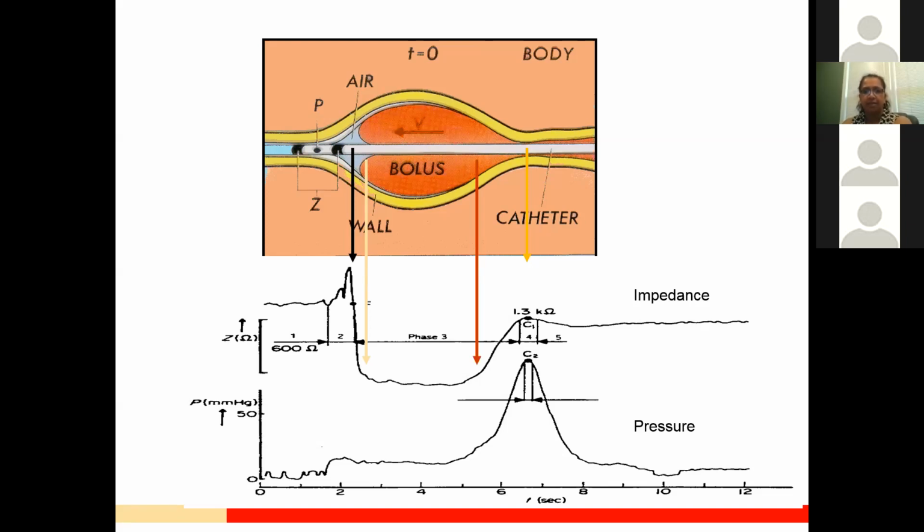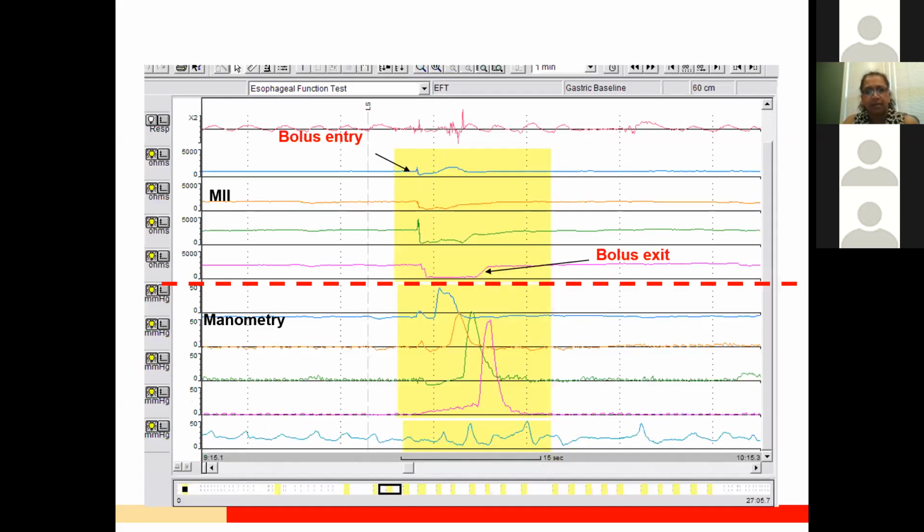The esophagus is still one of the least understood organs within the body, but we're learning more because now not only can we see pressures within the esophagus, we can also see whether they're effective in actually propelling a bolus through the esophagus, and that's what impedance is all about.